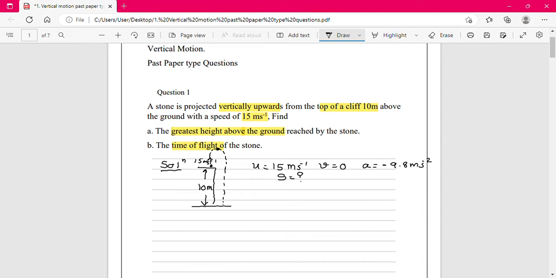So, obviously we'll use V square is equal to U square plus 2AS.